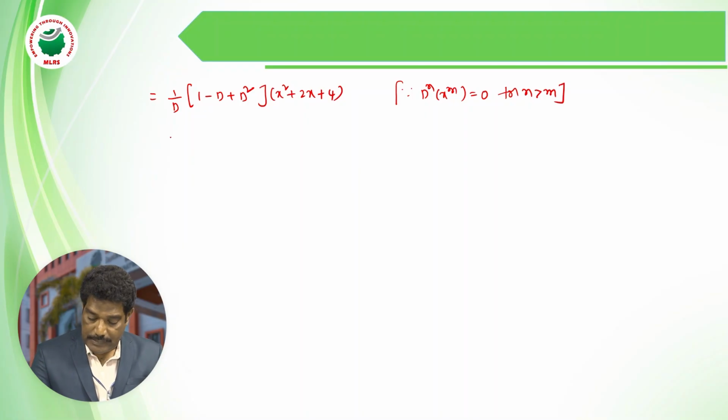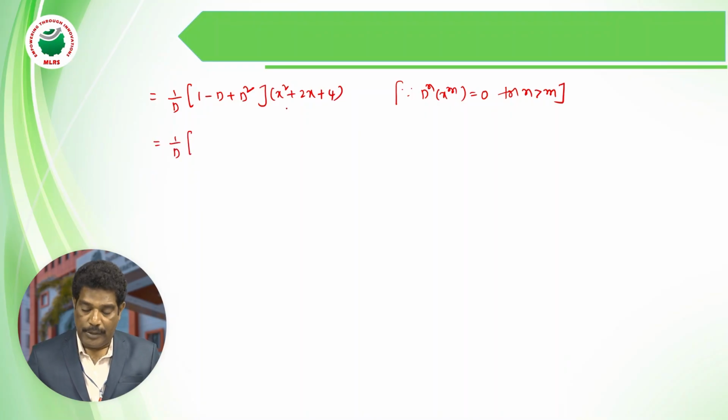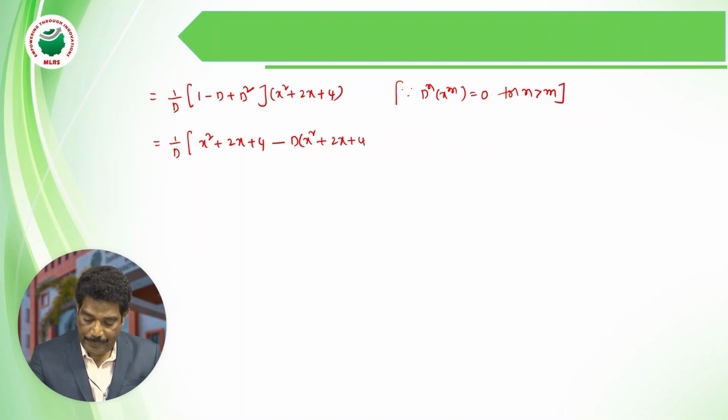Right. So next, 1 by D into. Now multiply term by term. 1 into x square plus 2x plus 4, that is x square plus 2x plus 4, minus the derivative of x square plus 2x plus 4, plus D square, 2 times the derivative of x square plus 2x plus 4.